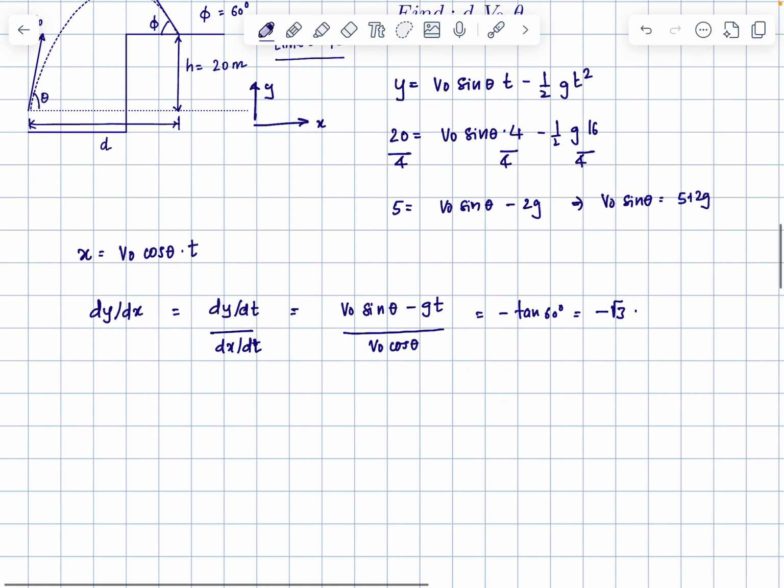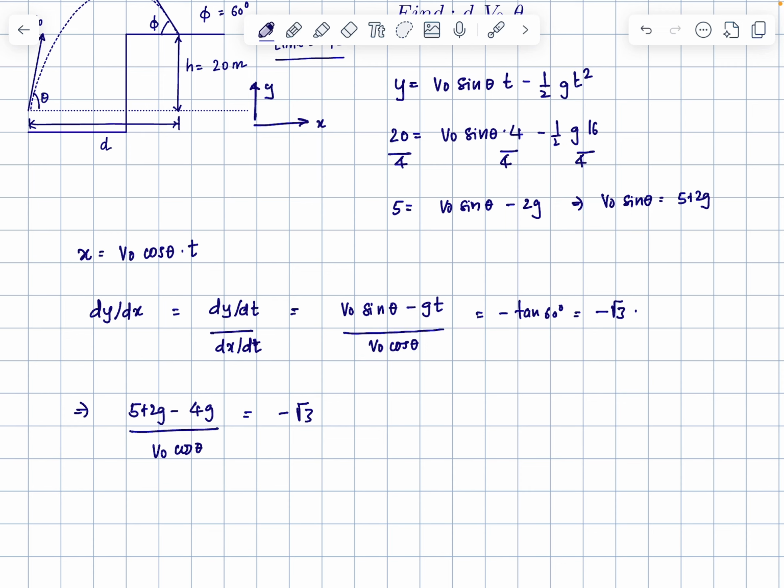So we know that v0 sine theta here is 5 plus 2g. So let's substitute that in. So 5 plus 2g minus 4g divided by v0 cosine theta equals minus square root of 3.